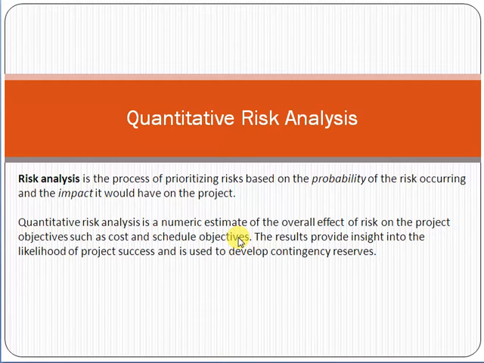Let's take another example. For example, if you are launching a marketing campaign for your ABC customer, and you have hired a new face or new model for your marketing campaign, and you are not sure whether, at the time of launching the campaign, people will like your new model or not.